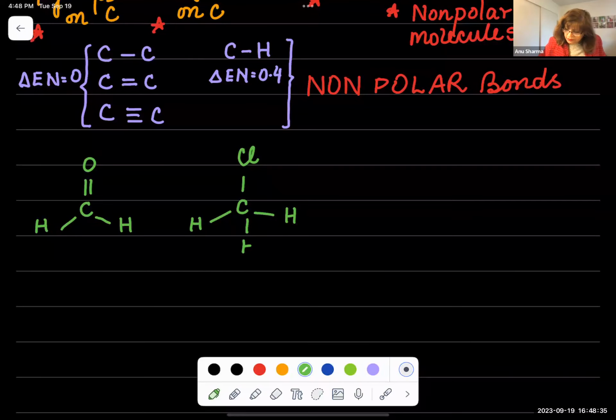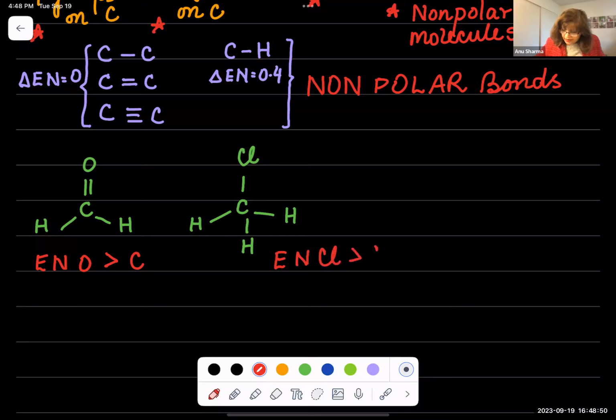Whenever there is more electronegativity, we see that the electronegativity of oxygen is more than carbon. In this case, the electronegativity of chlorine is more than carbon. So where is the overall net polarity? Towards the oxygen side.